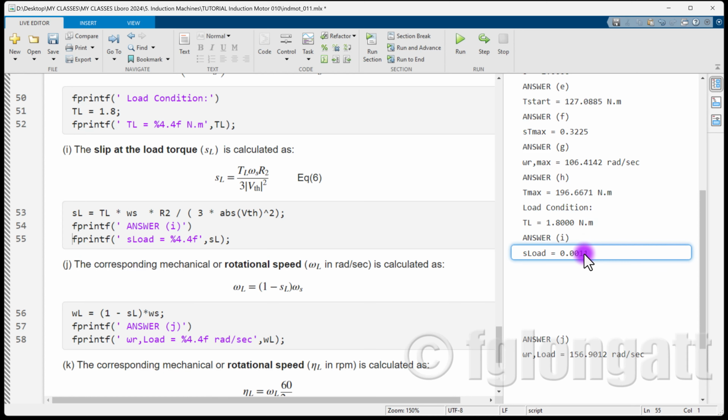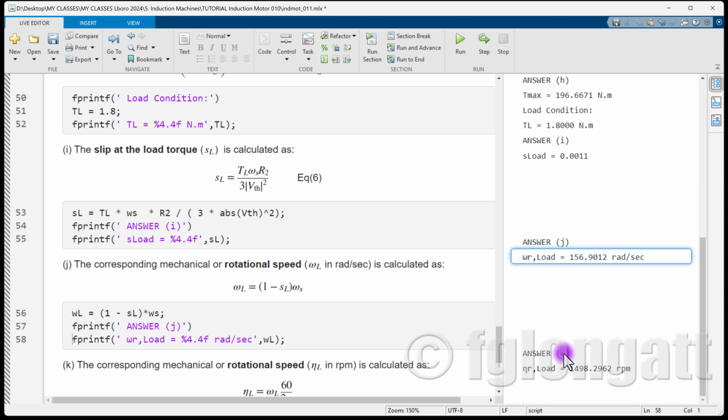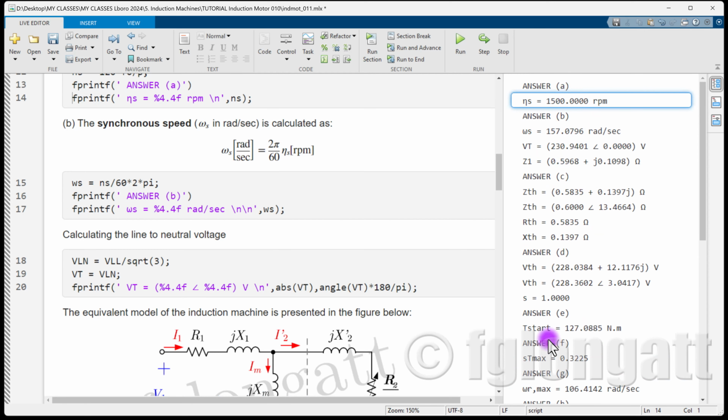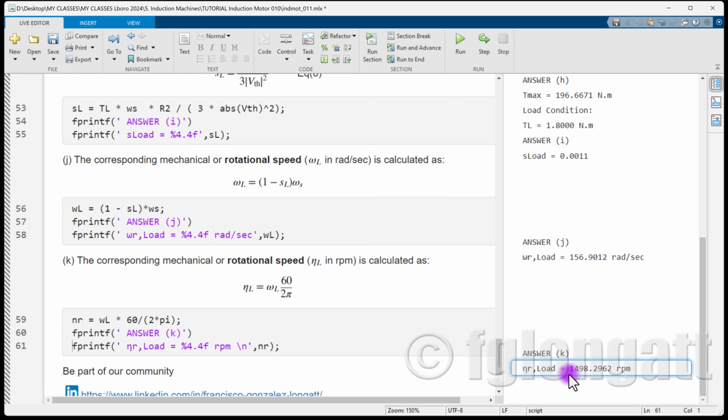So as you can see, for this load that is extremely small compared with the maximum torque, we are having a very small slip. That means that the rotational speed is close to the synchronous speed. And as you can see, the synchronous speed was 1500 RPM. And when we have 1.8 Newton meters, this rotational speed is 1498.2 RPM.